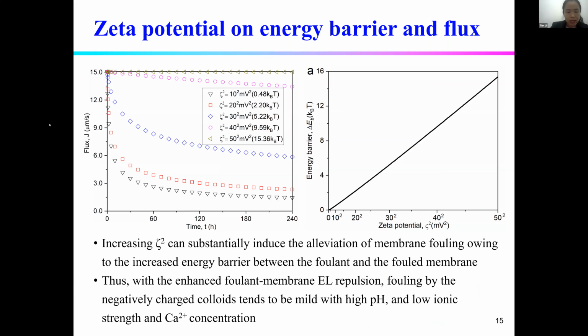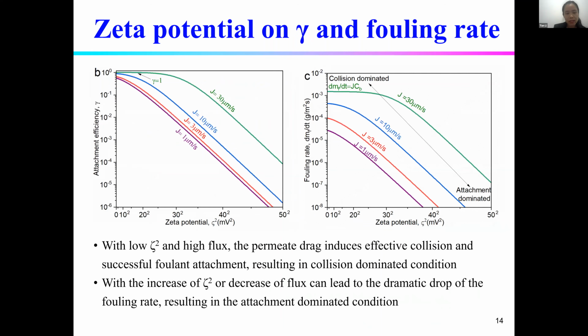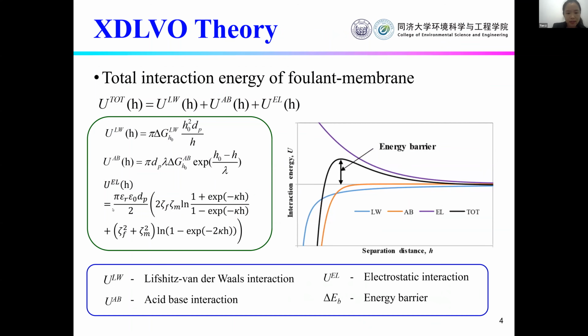So with all these equations, and also some other equations that were not listed here, we measure the zeta potential and the contact angle, and we calculate. We do not estimate by citing from other references.